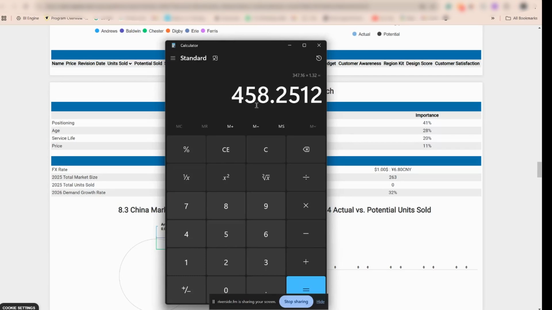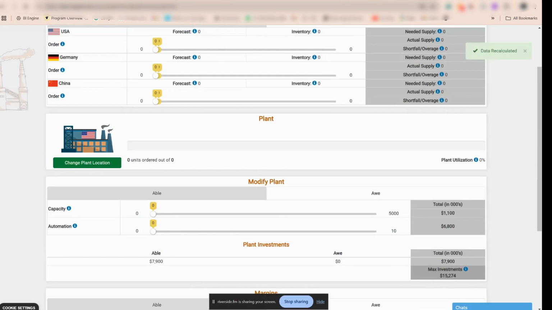Everyone had equal market share as at 2025. So you divide it by 6, you get the figure, and that will give you around 450 ish, 500. So that's how you determine the size of the market. When you do that math, it gives you around that figure.